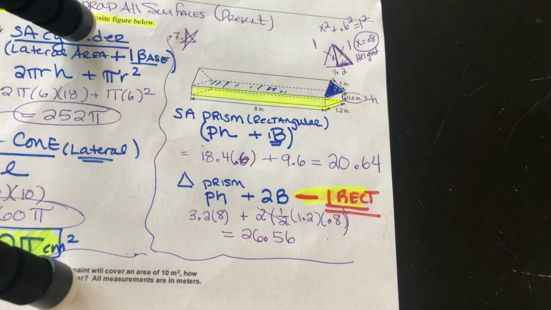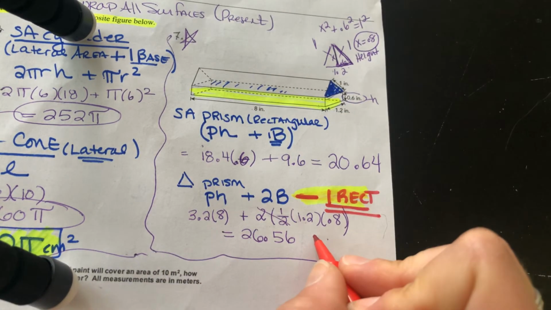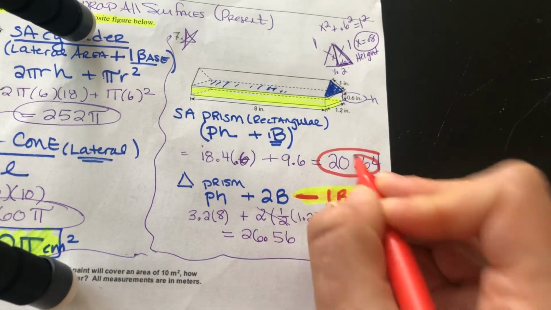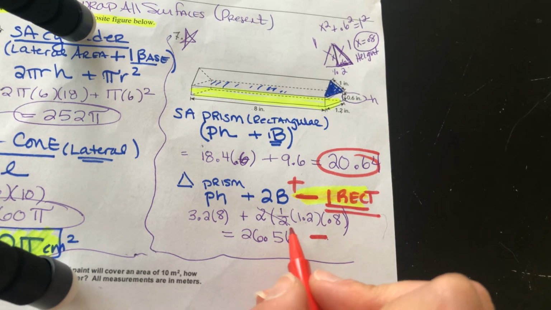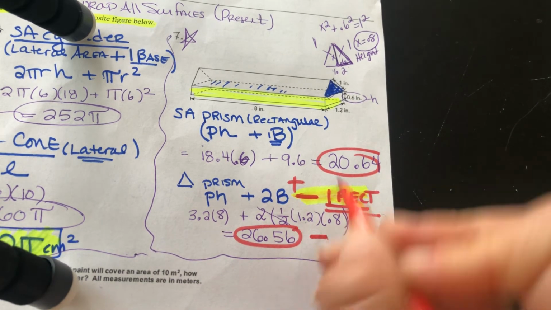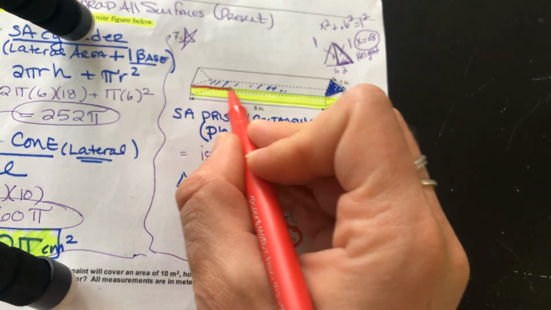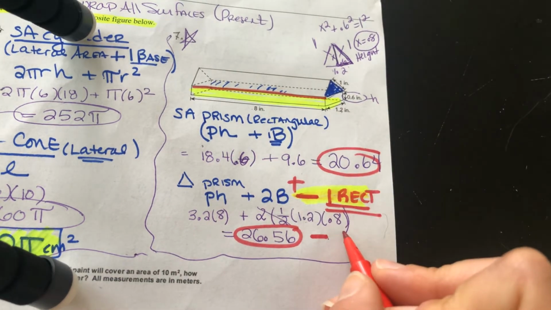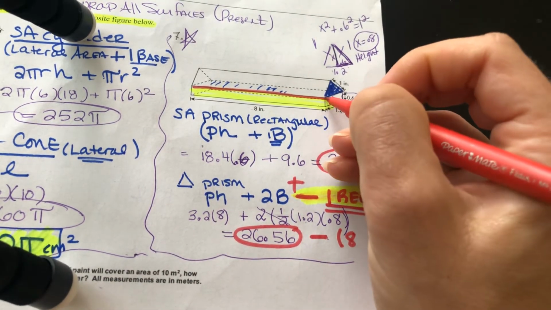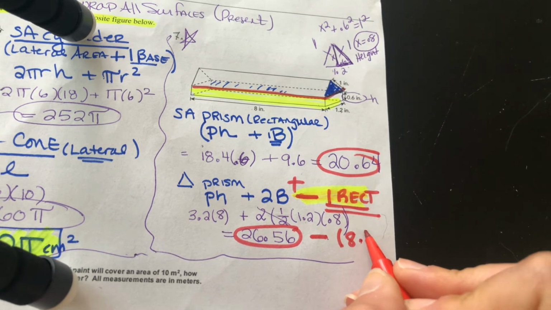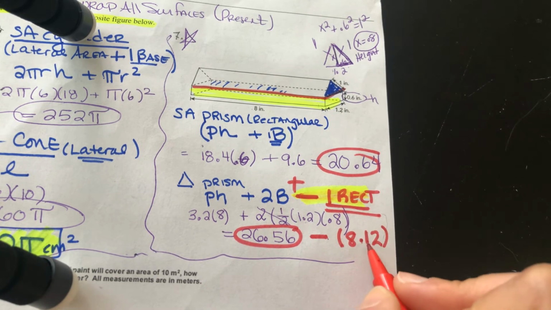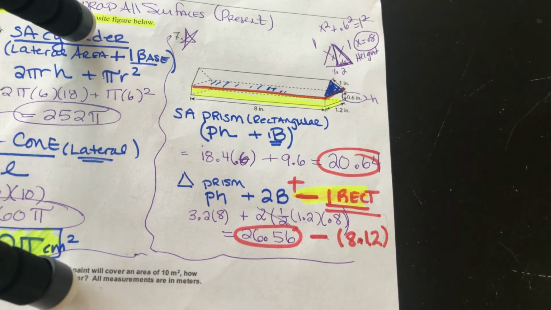So we want to get rid of that triangular prism's base. So the rectangle. Okay, that's pretty easy. So we want to minus, so it's this number plus this number minus. All right, so what's this base? We have an 8 here. And then this right here is 1.2. Oh, times 1.2. Sorry, can't really see that.